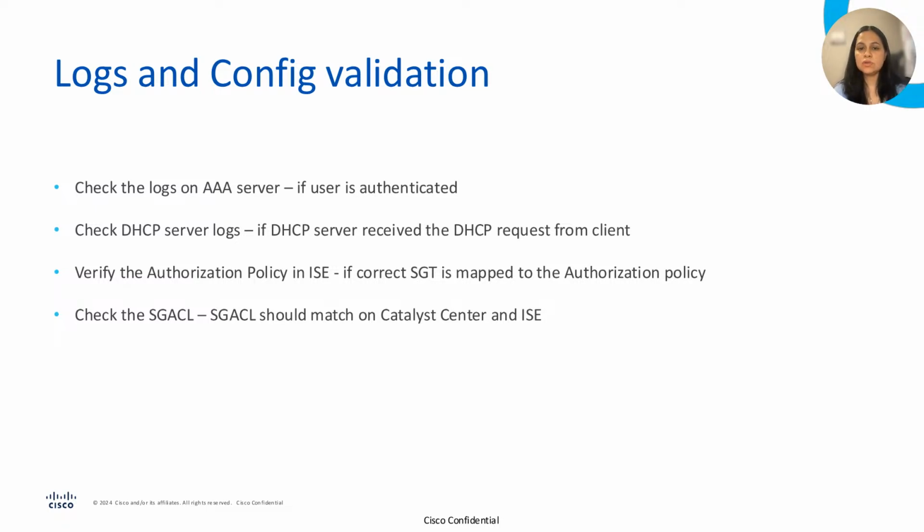Those are the logs that you can collect. Then you can also get the logs from ICE that will tell you what SGT has been mapped for this IP or for a particular user, and what authorization policy is being applied for this user. And then lastly, we can check the SGACL on both ICE and Catalyst Center, and check if they both are matching or not, because that's an important bit as well.